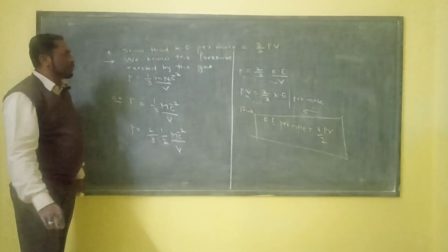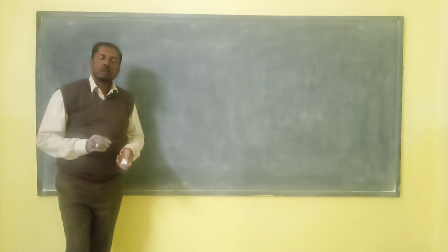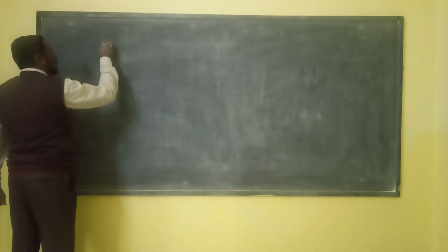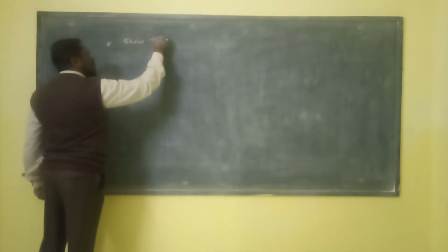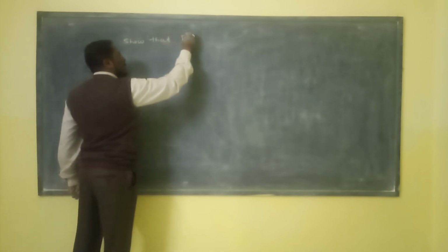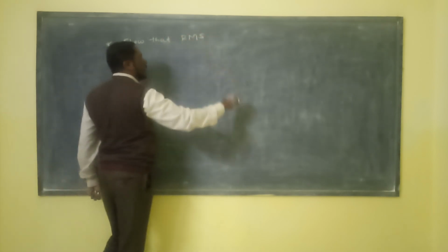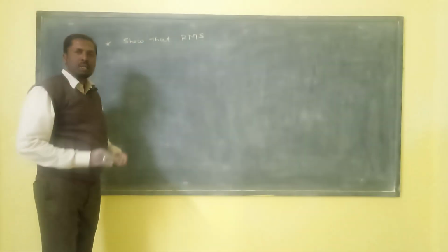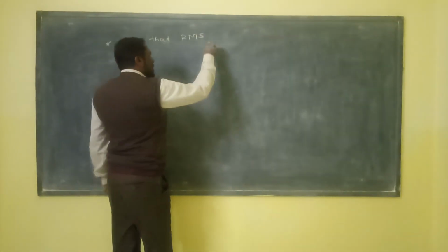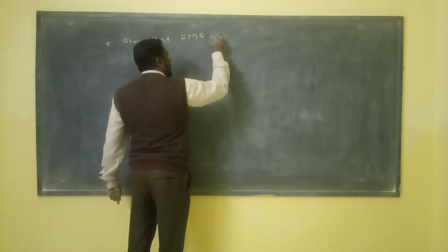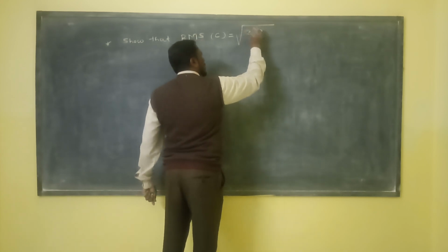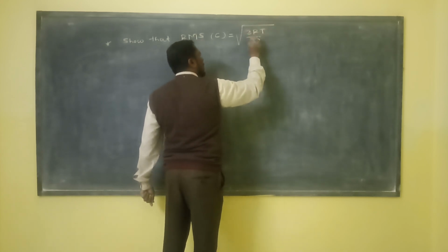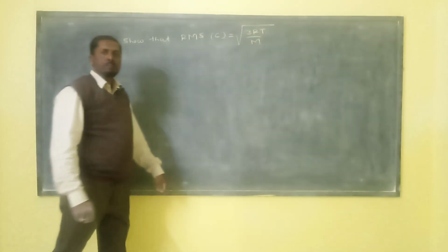Okay, watch it. Now let us consider: show that RMS velocity, that is root mean square velocity, represented by the factor c, is equal to under root 3 RT upon m.